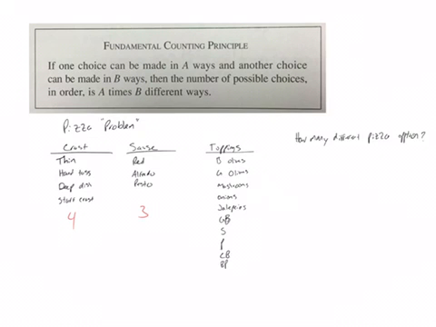So there's 10 options over here. If you want to find out how many different pizzas you could make with a single topping, you'd say 4 times 3 times 10, because I got 4 options, 3 options, 10 options. So this is going to be 120 different single topping pizzas that you could do.